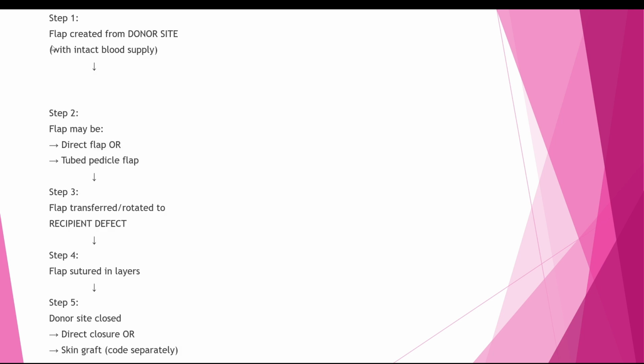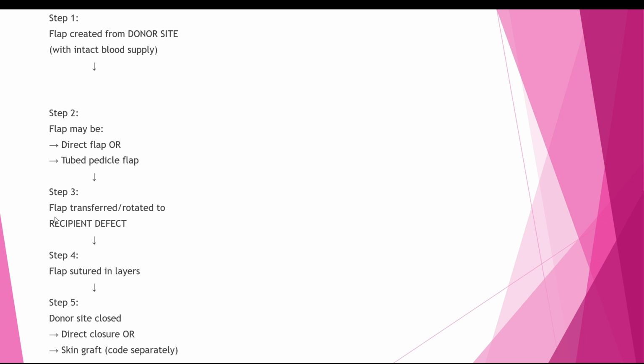Okay, if blood supply is there and the pedicle flap is created, then only you will code the CPT codes of the pedicle flap. So flap, if it is created from the donor side here. So if the flap here is creating from the donor side with the blood supply, okay, then the flap you have to check whether it is a direct flap or a tubed pedicle flap.